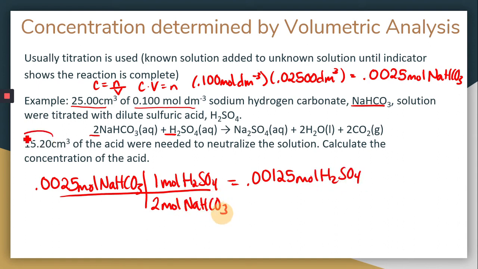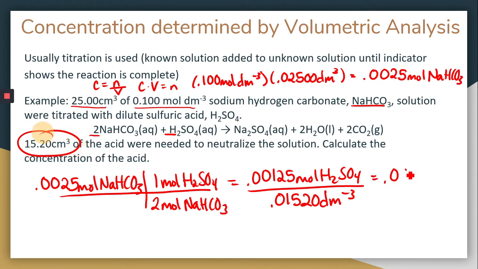And since we have a volume of H2SO4, we can then divide it. Just remember it needs to be in decimeters cubed, so we're going to go ahead and convert that. And we have a concentration of 0.082, let's see here, 3 significant figures, sorry, 2 moles per decimeter cubed.